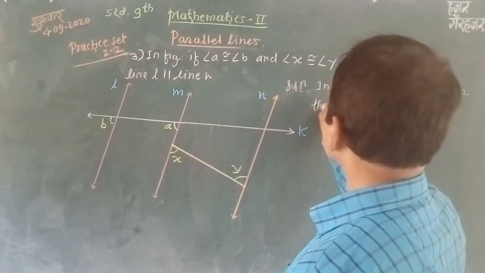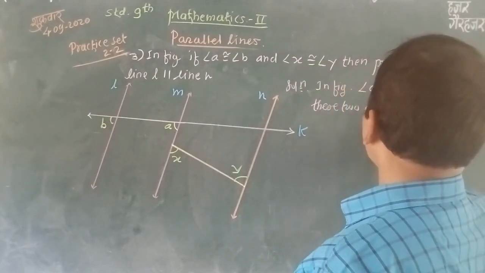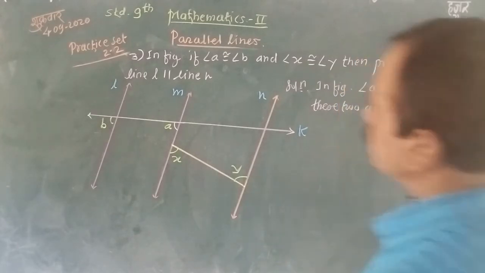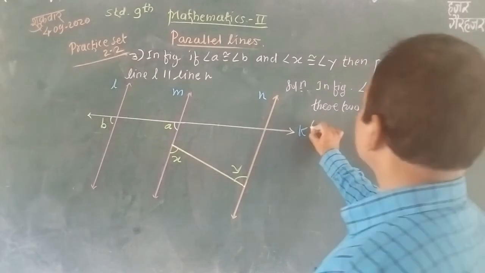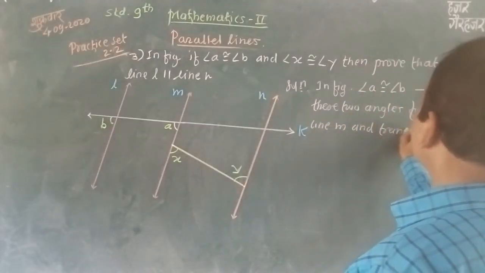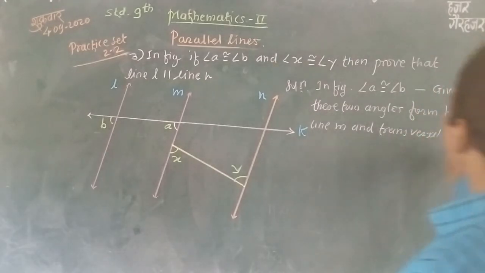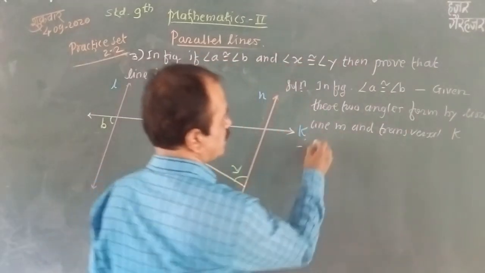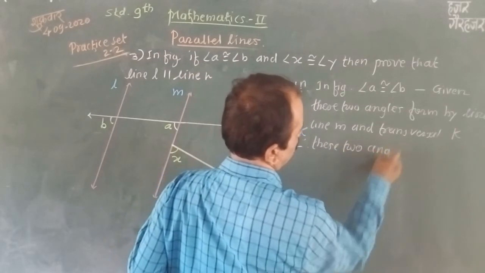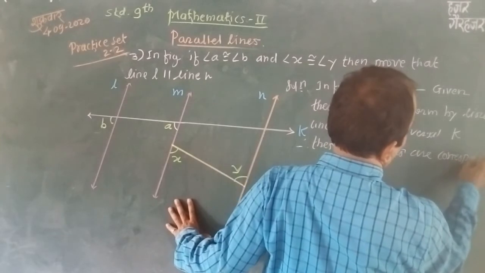These two angles are formed by line L and transversal K. Therefore, these two angles are corresponding angles.